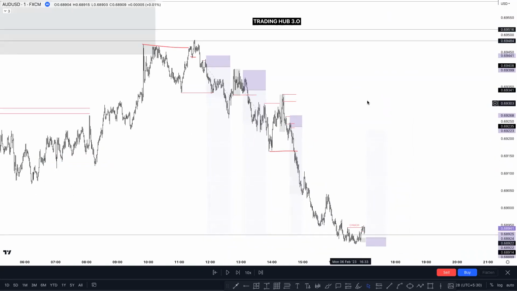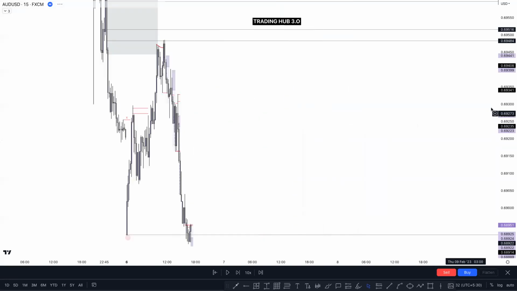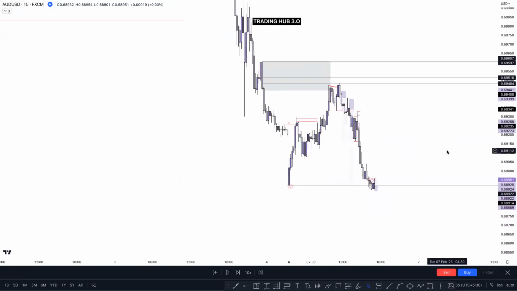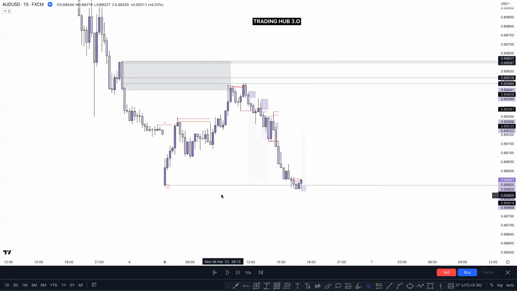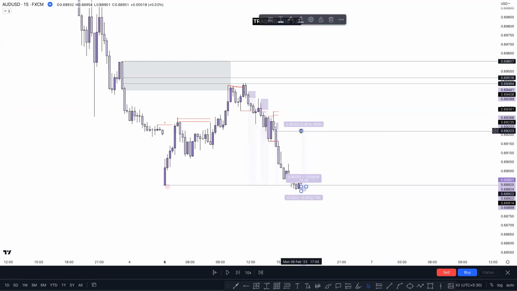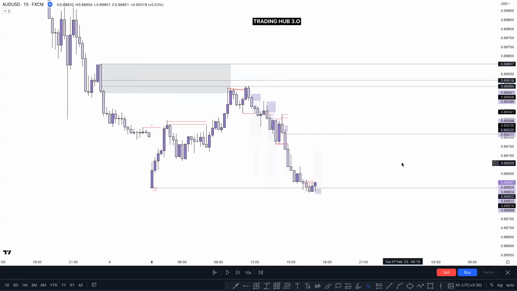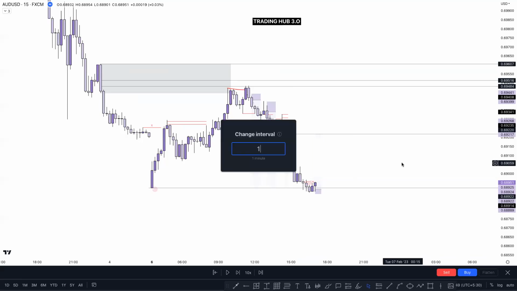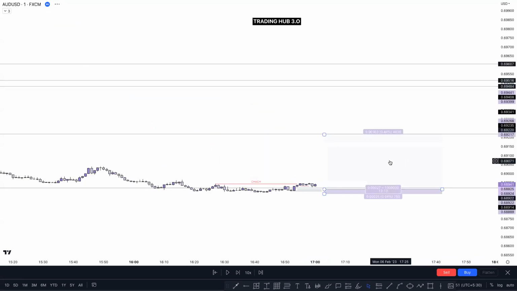Let me check again in a 15-minute time frame. This is our target at this point, right? So this is our target. Now again, switch here in a 1-minute time frame to see exactly what is happening here.